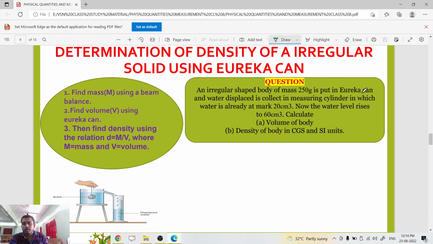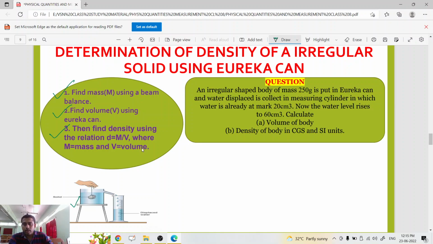Here you can see this is a eureka can. In this system the same process is followed. First, find mass using a beam balance; second, find volume using a eureka can; then find density using the relation mass per unit volume, or density D equal to mass divided by volume.